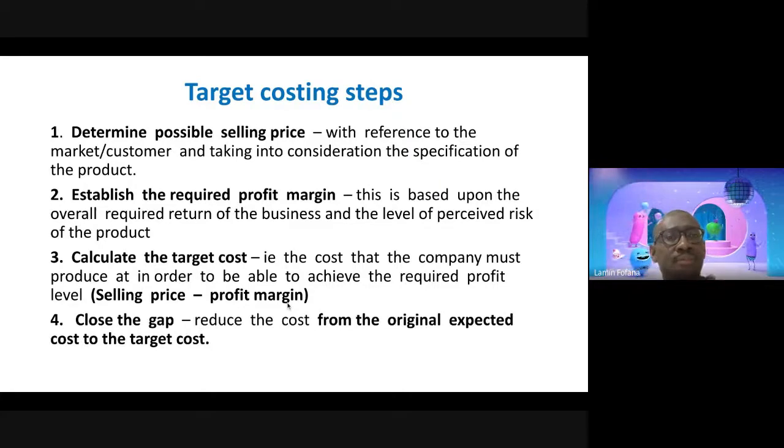Okay. So after calculating your target cost, now what you're going to do is you produce. And of course, you have to lastly calculate the difference between your target cost and your estimated cost.